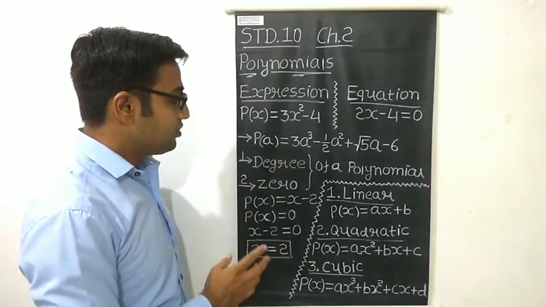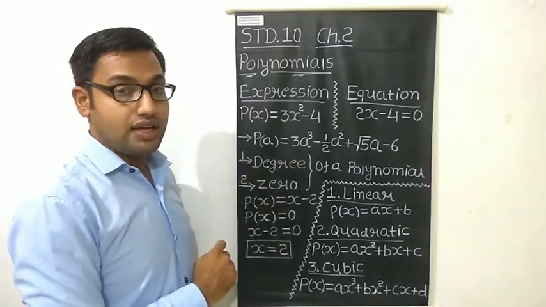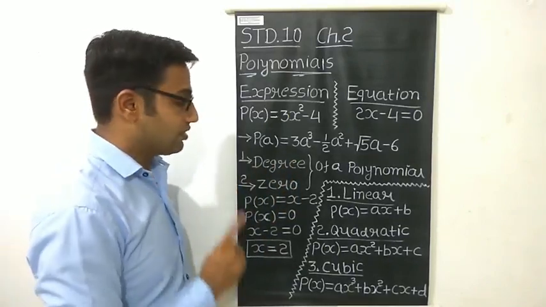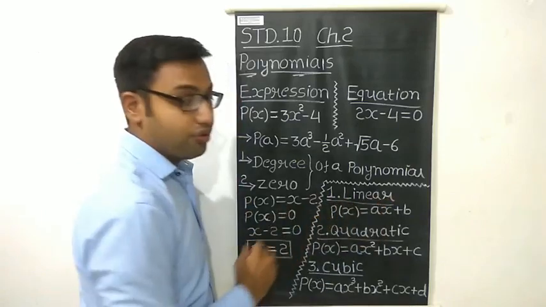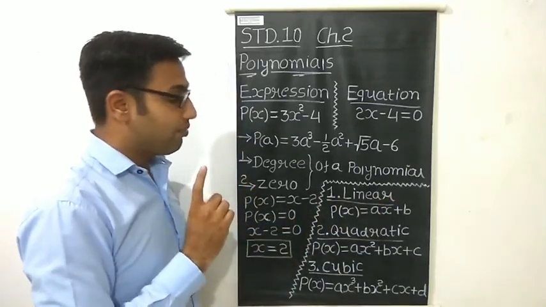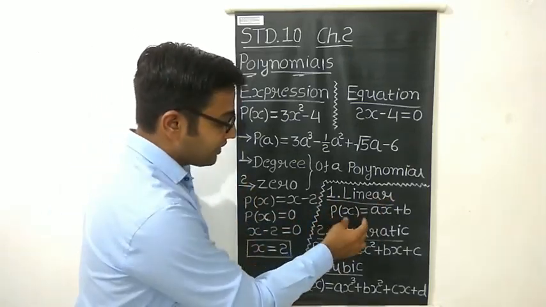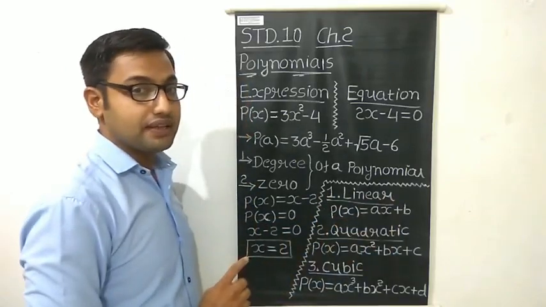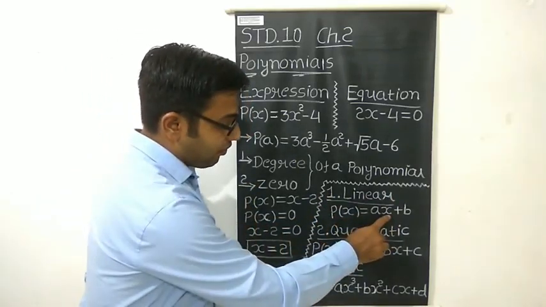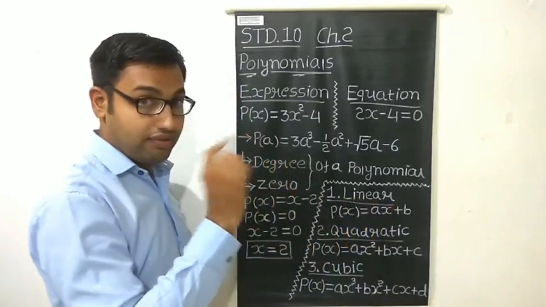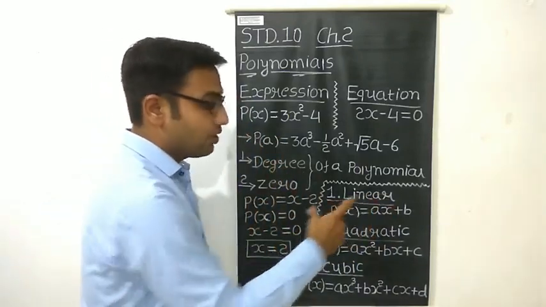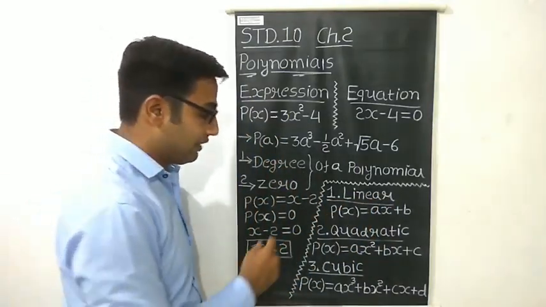Now, based on the degree, there are three types of polynomials. One is the linear polynomial. The standard form of the linear polynomial is p of x equals ax plus b. See here, the power of variable x is only 1. That is why it is called a linear polynomial.